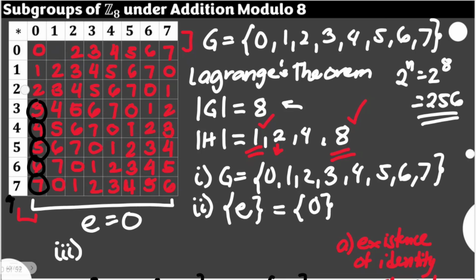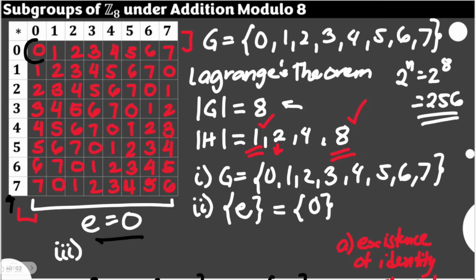So I'm going to write again those items that were removed. Let me rewrite here 1. Okay, just like that. For the existence of inverse, it's actually when an element is operated with another element, the result is our identity. Take note that our identity here is actually 0.